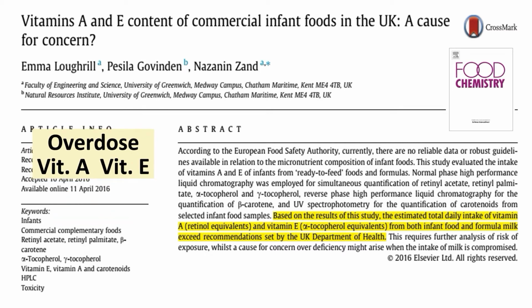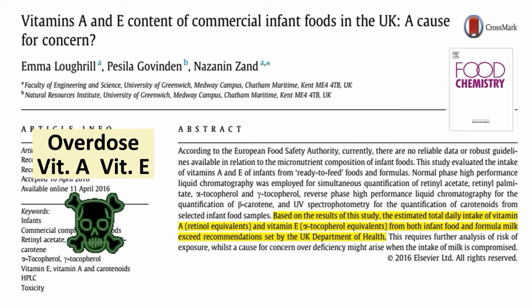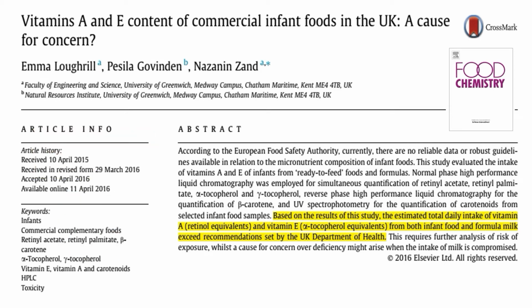overdose of vitamin A and vitamin E in infant foods may expose infants to the risk of nutrient intoxication, and this relates to food safety again, and the product is not suitable to put on the rack in the market.